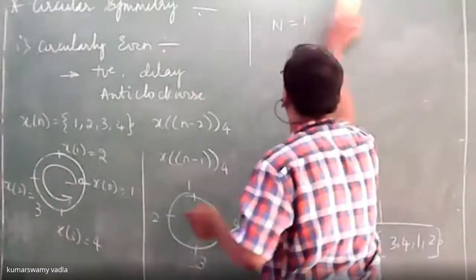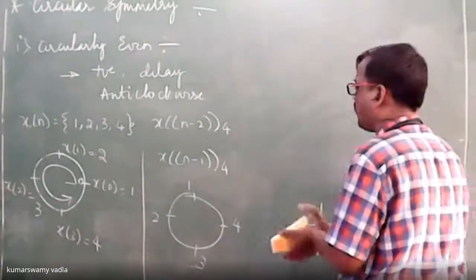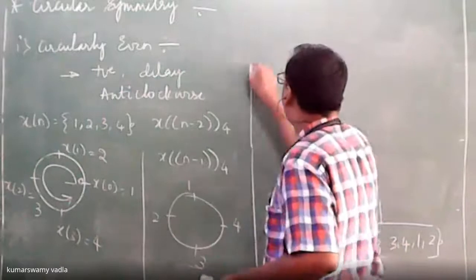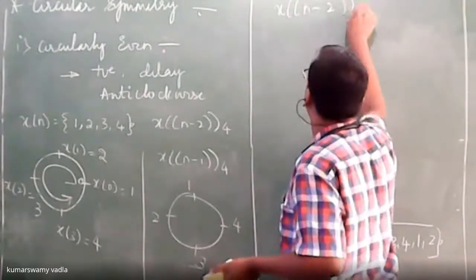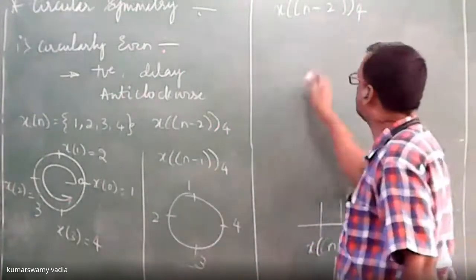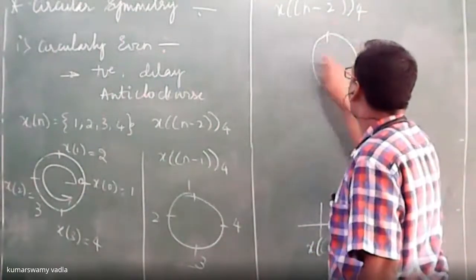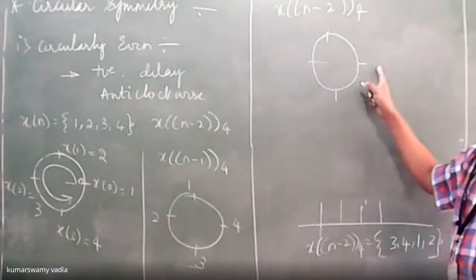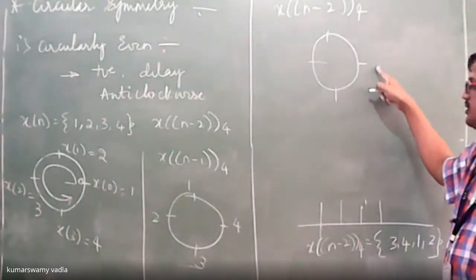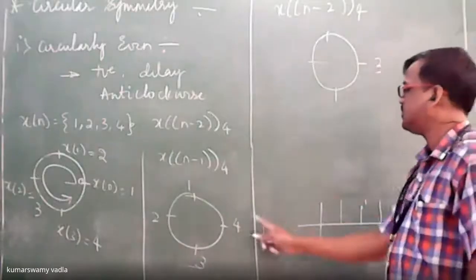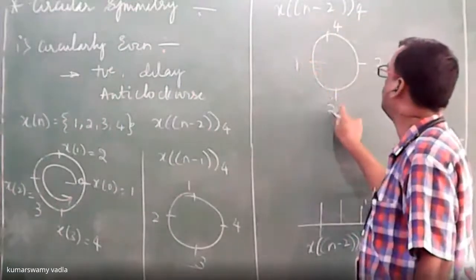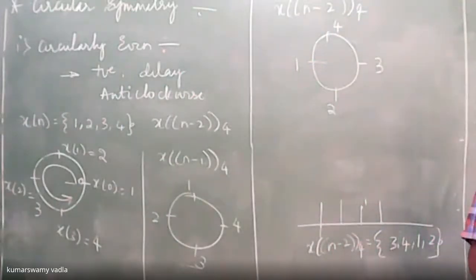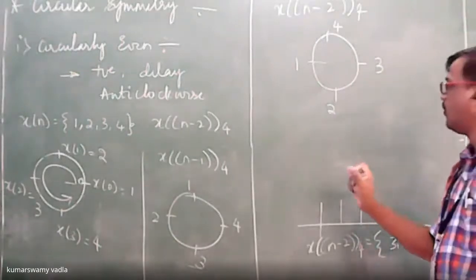Again, I am shifting it left-hand side, or anti-clockwise, by 1 to get x of n minus 2 of 4. What will be this value, students? 3, sir. 3. Okay, this 4 comes and sits here. 4, 1, and 2. Okay, you shifted it now.